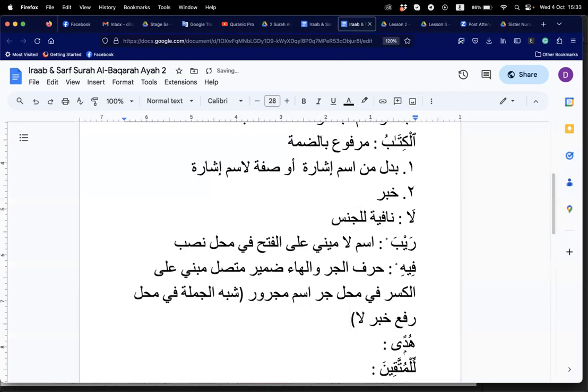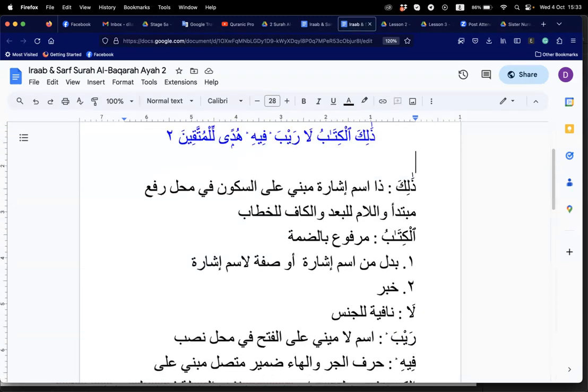So shibhu means resembling, jumla, yes, right? Correct. Resembling a jumlah. It's not exactly a jumlah. Okay, so here, what we have just now, we have the dhalik here as our mubtada, yes? And then we can have two choices, whether this is a fragment or this is a khabar of dhalik, yes?